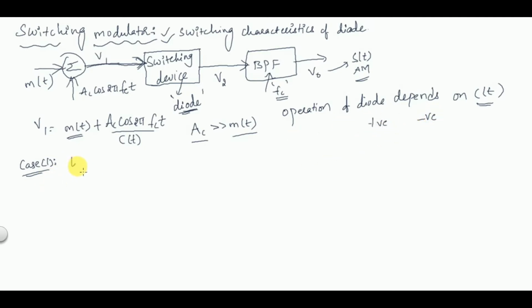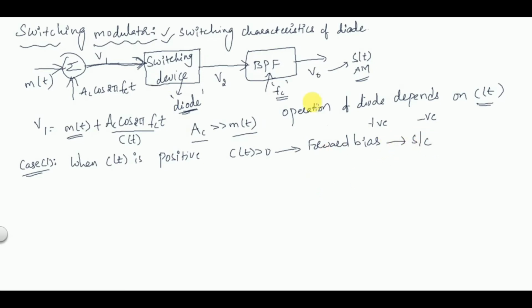Case 1: when c(t) is positive, that is c(t) is greater than 0, the diode will be in forward bias, because the strength is more and it is positive. When the diode is in forward bias, it acts as a short circuit.